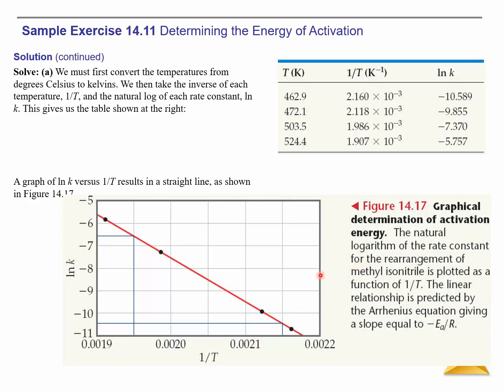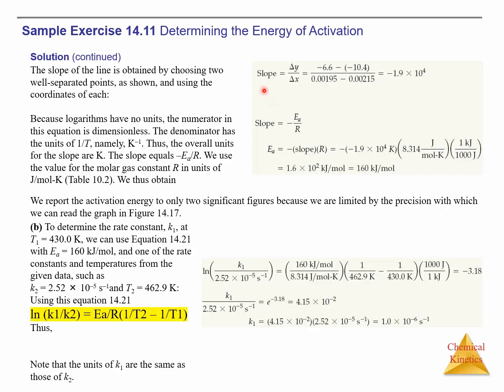The natural log of the rate constant for the rearrangement of methyl isonitrile is plotted as a function of 1 over T. The linear relationship is predicted by the Arrhenius equation, so the slope of this line equals minus activation energy divided by R. The slope equals delta y divided by delta x, and we can get it from the graph.